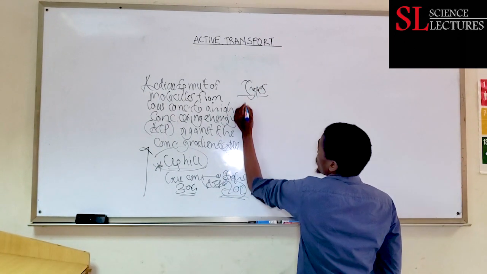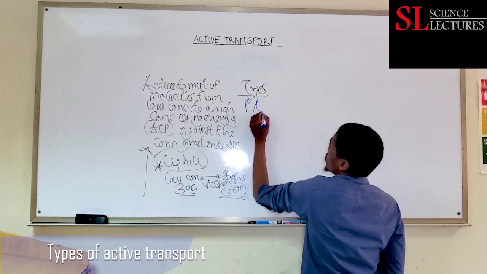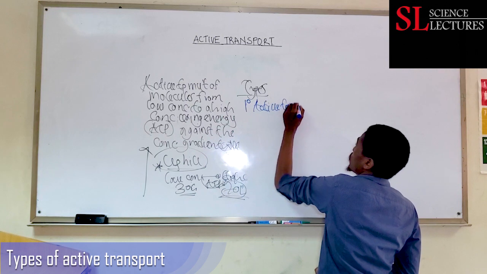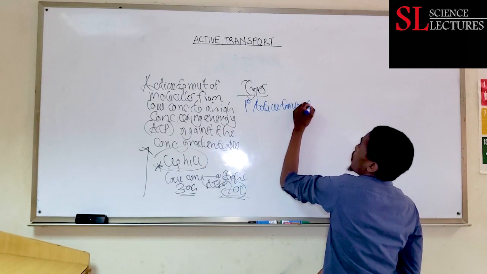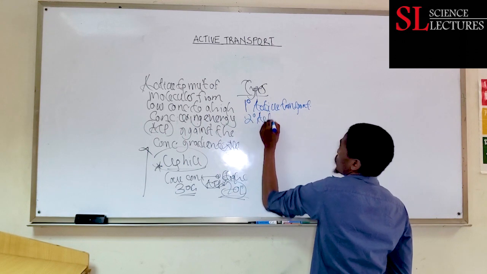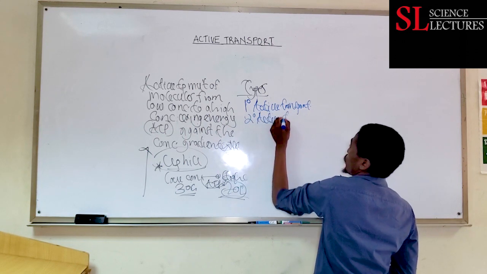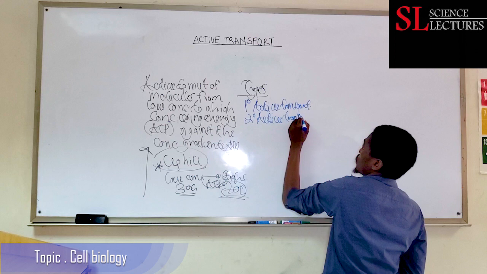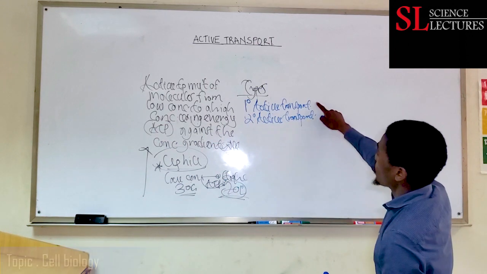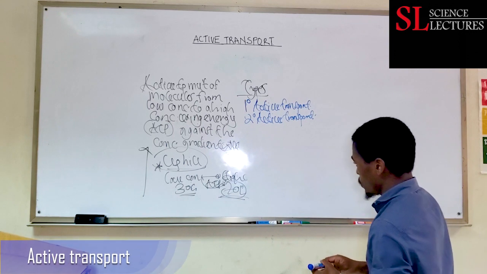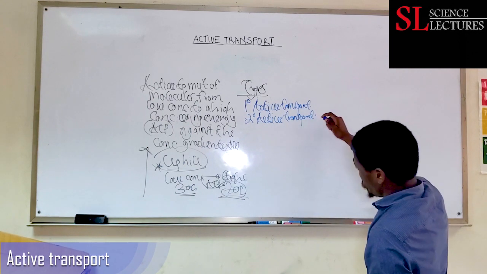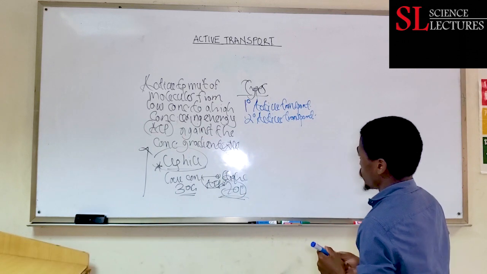That is primary active transport, and secondary active transport. And those are the types of active transport, primary and secondary. We'll have a look at these types of active transport, the primary, then secondary active transport.